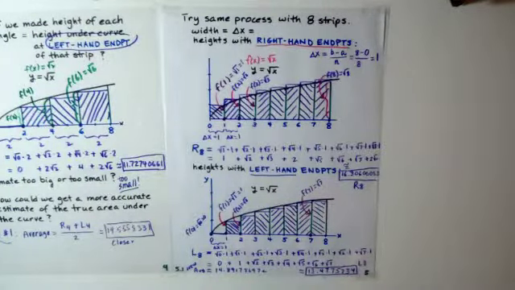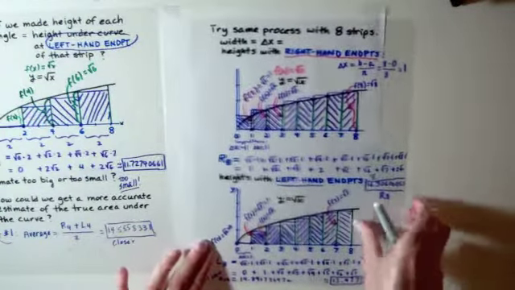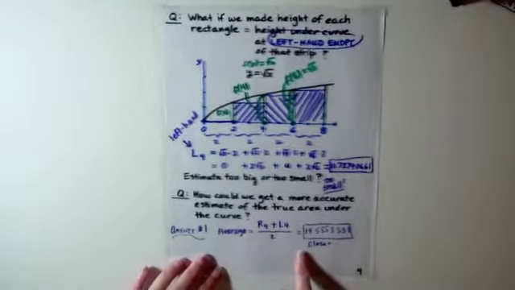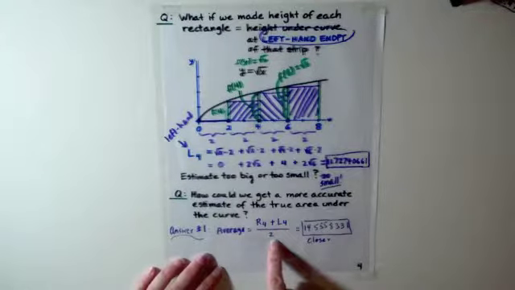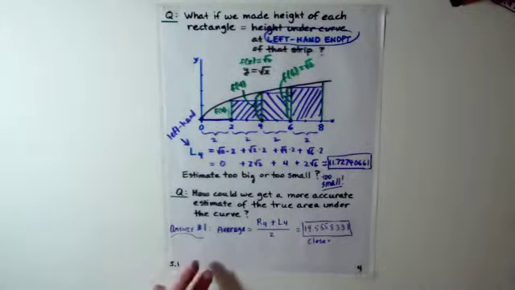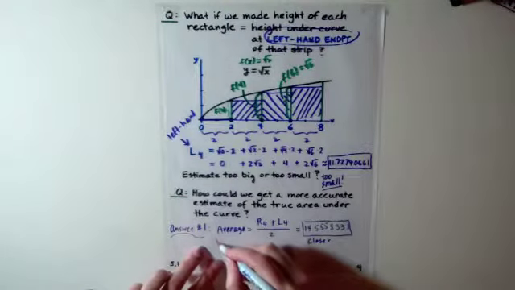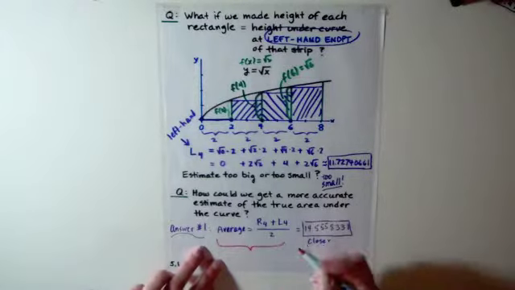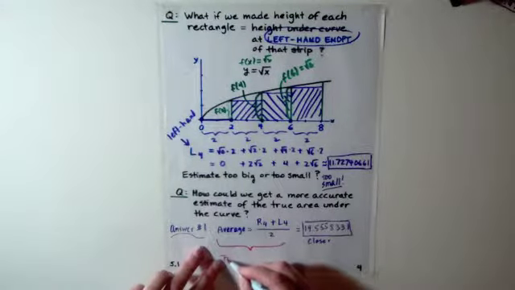Oh, before we leave this page, one other thing that I want to mention about what happens when you average the right-hand endpoint estimate and the left-hand endpoint estimate, as we did here for R4 and L4. So we added those together and divided by 2. This is actually the same as another technique for estimating the area under a curve, and you'll learn about that next semester.